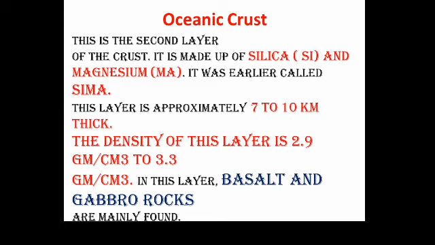So it was earlier called Sima, and this layer is approximately 7 to 10 kilometers thick, and the density of this layer is 2.9 gram per centimeter cube to 3.3 gram per centimeter cube. In this layer, basalt and gabbro rocks are mainly found. Don't forget, basalt and gabbro rocks are part of the oceanic crust.